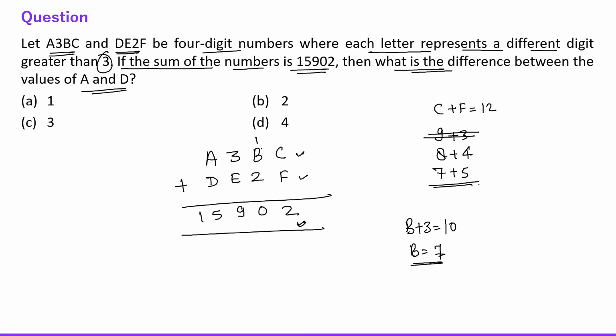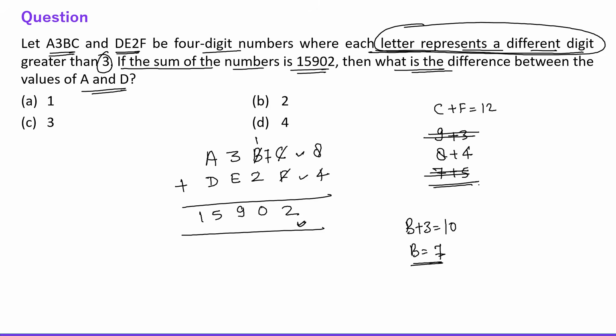If B is 7, then 7 plus 5 is not an option, because each letter represents a different digit. So C or F can't be 7. It means C and F must be 8 and 4, or 4 and 8 vice versa. So C and F are 8 and 4.